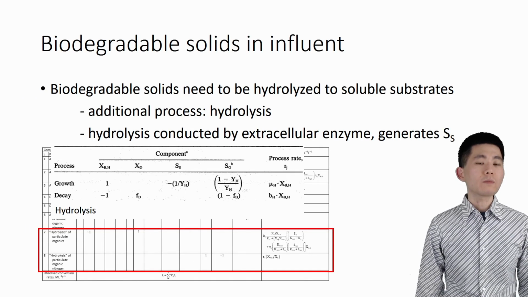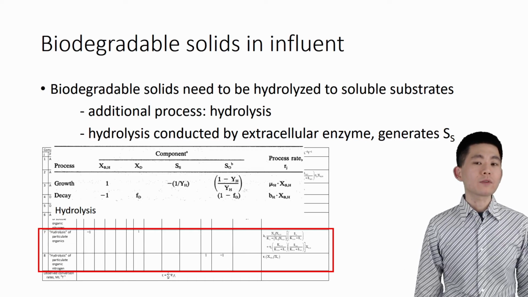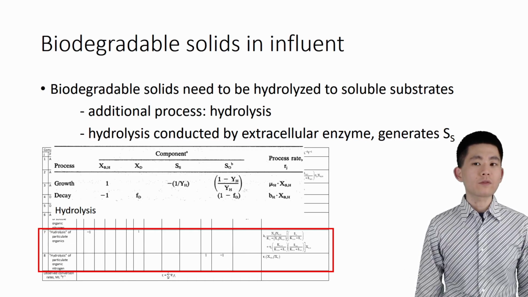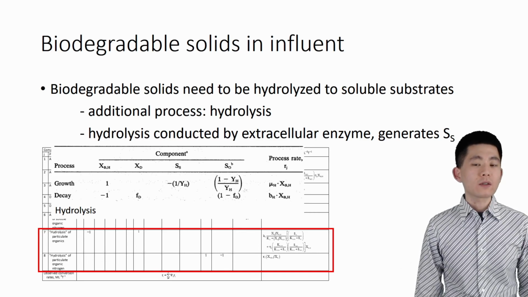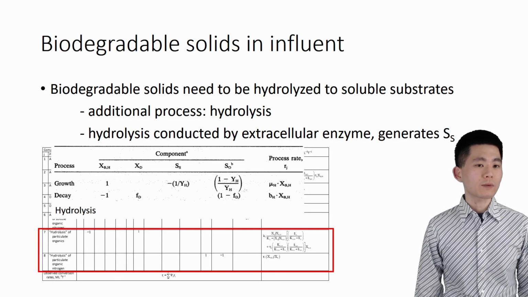There might also be biodegradable solids that pass through the headworks and primary clarifier and enter the bioreactor. They cannot be directly utilized by biomass as substrate, as they are too large to pass through the cell membrane. Before being utilized, they are first hydrolyzed to soluble substrates by extracellular enzymes.